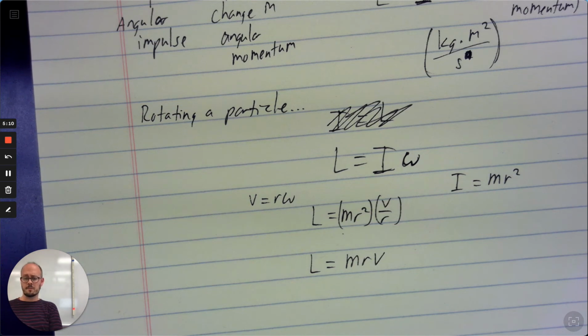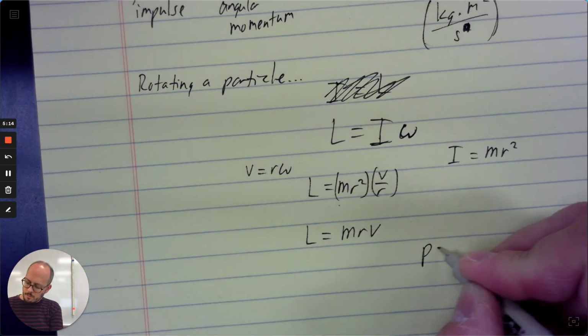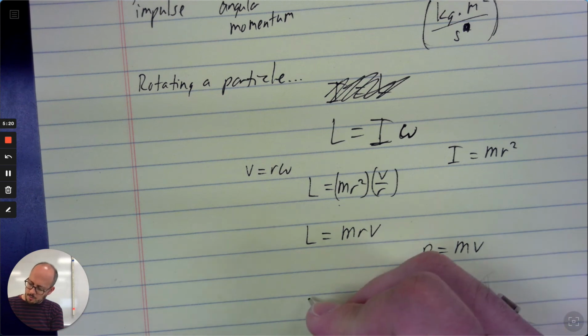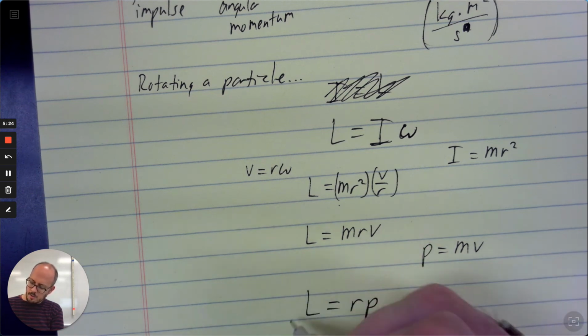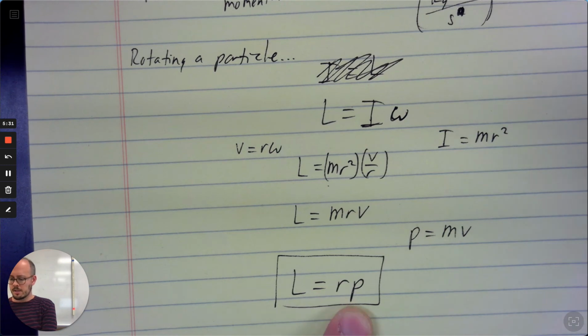And so something fairly interesting happens. Momentum, linear momentum, is m times v. So if I take that out of this equation, for a single particle, I get that the angular momentum is the distance that particle is away from the axis of rotation times momentum.